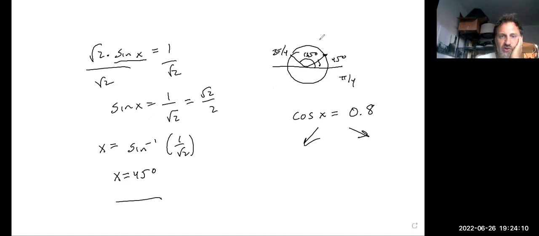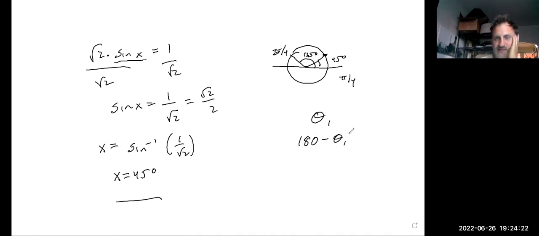So what you need to know is that for sine, if my first solution, theta 1, is 45 degrees, then the other answer is 180 minus theta 1. That's theta 2.